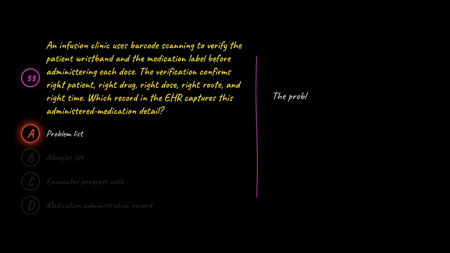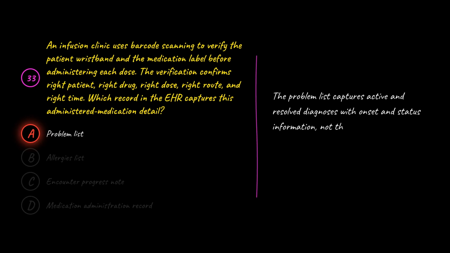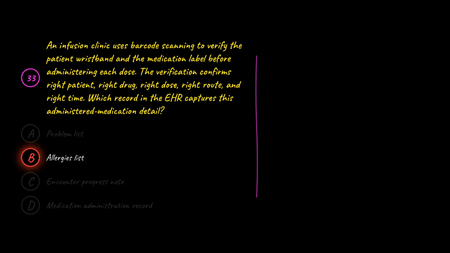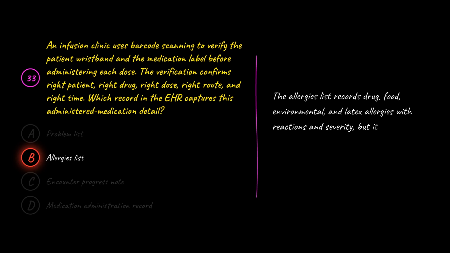A is wrong because the problem list captures active and resolved diagnoses with onset and status information, not the moment-to-moment record of medications a patient actually receives during a clinical encounter or infusion. B is wrong because the allergies list records drug, food, environmental, and latex allergies with reactions and severity, but it does not capture the verification or administration of each individual medication dose.